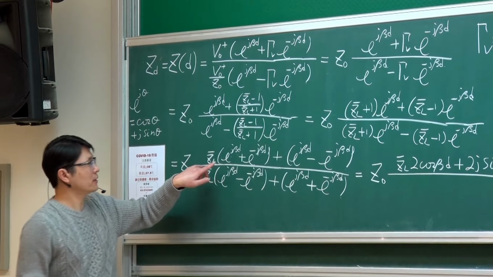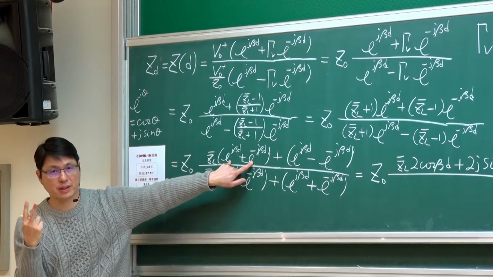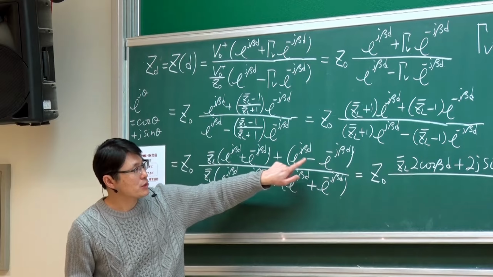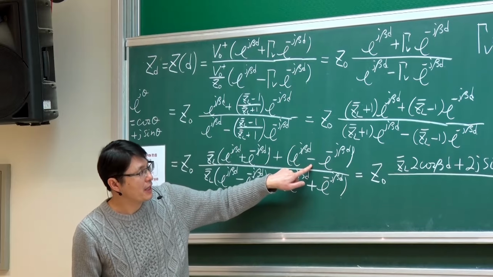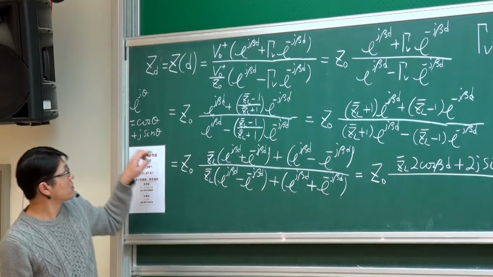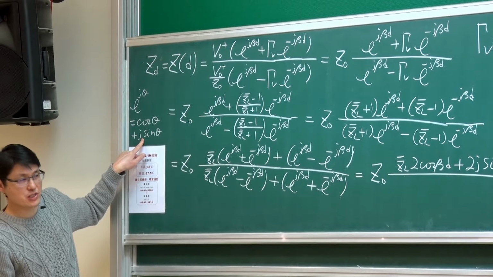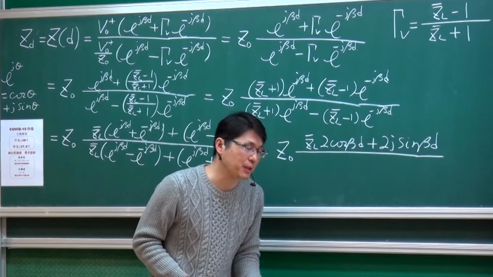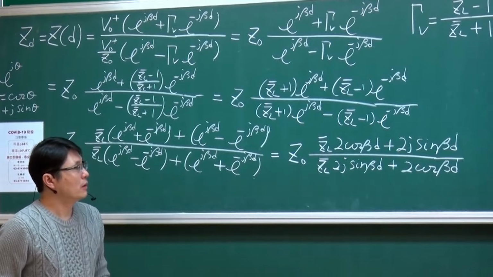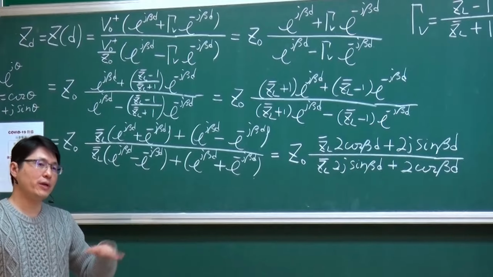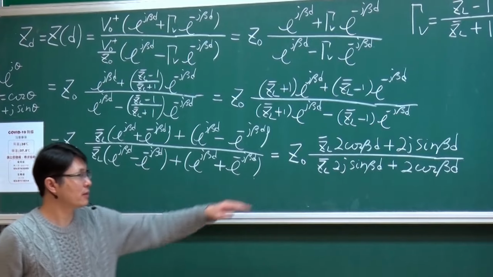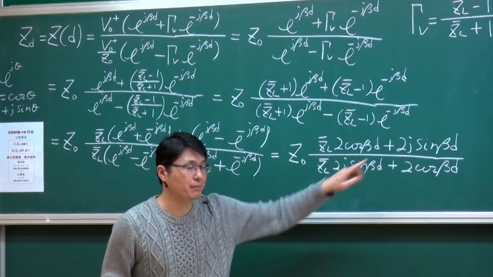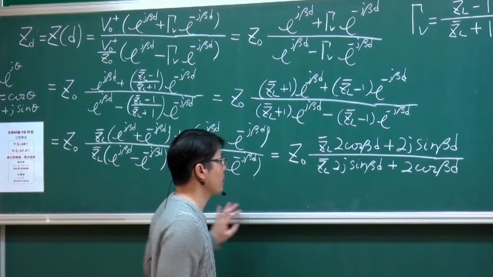So the top part becomes 2 times the real part, and the real part is cosine βd. And this one, with the minus, is the complex conjugate, so now you have 2 times j times the imaginary part, sine theta. At this moment, all we have to do is divide the numerator and denominator by cosine βd, so we can have tangent.